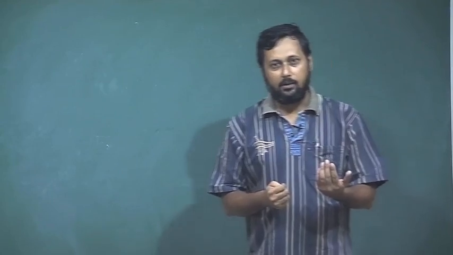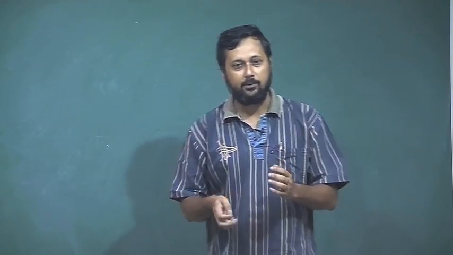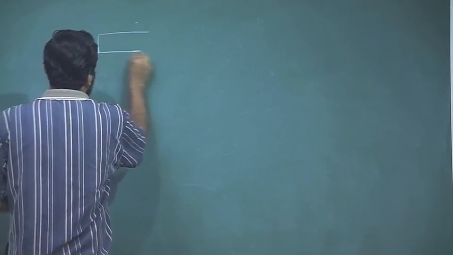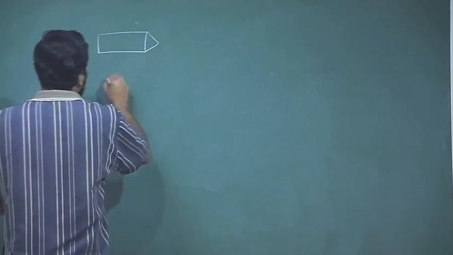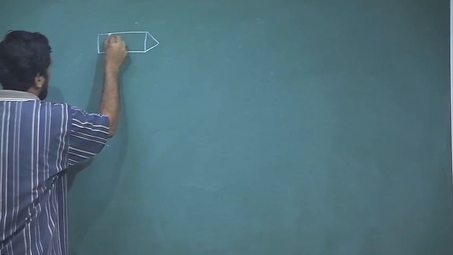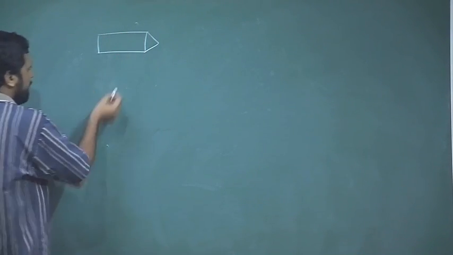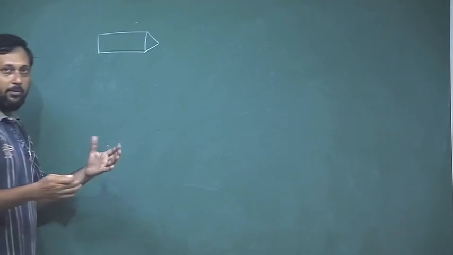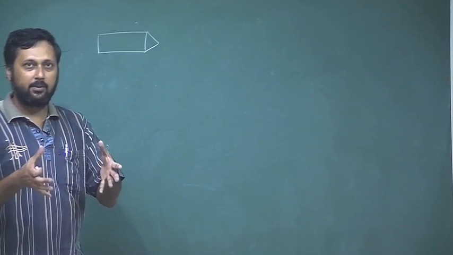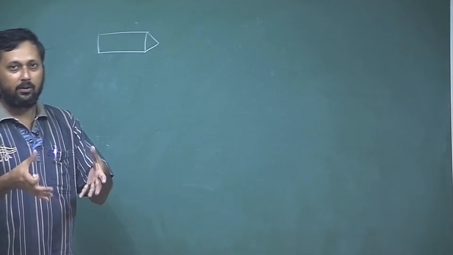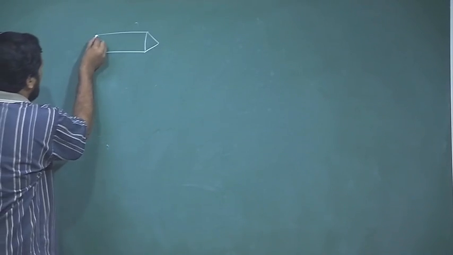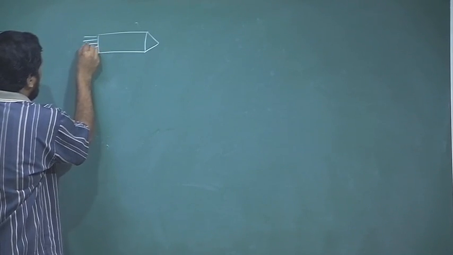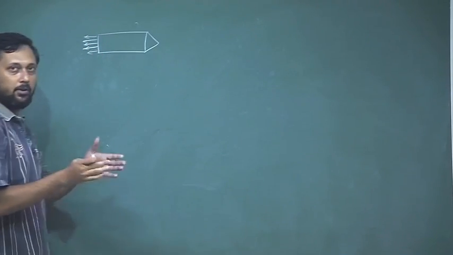But a rocket is different in that sense, because in a rocket we have a fuel tank filled with fuel, and there is a combustion engine which burns this fuel to create hot gas, and it exhausts the rocket in the form of a jet, which has a very high relative velocity with respect to the rocket body.